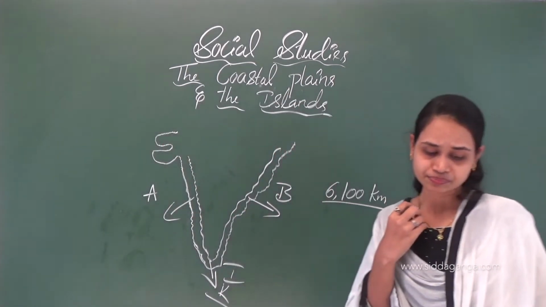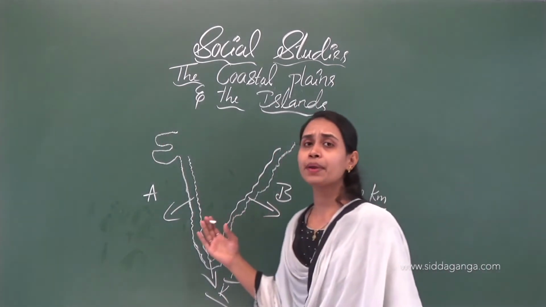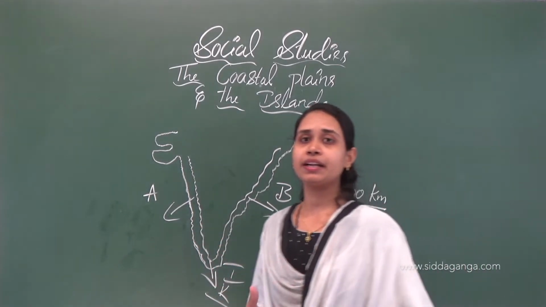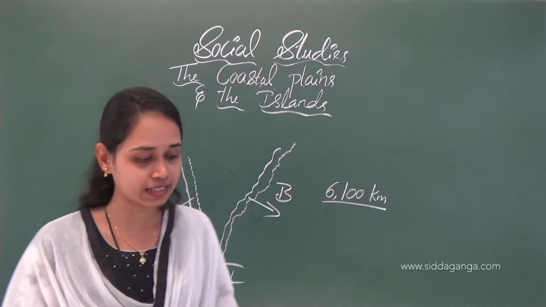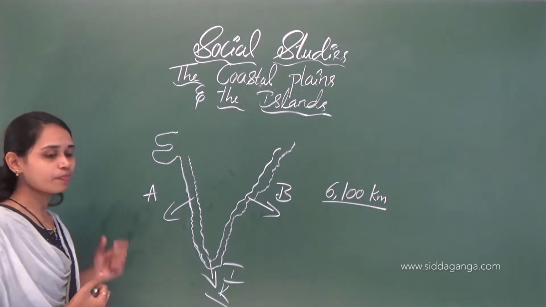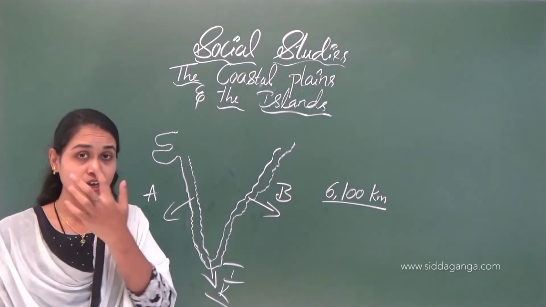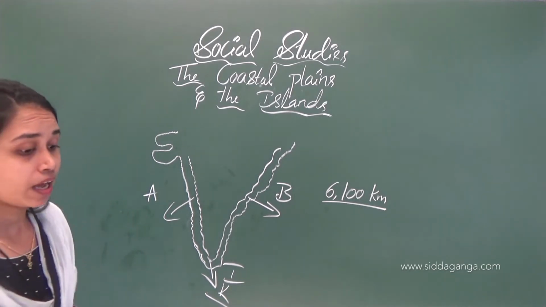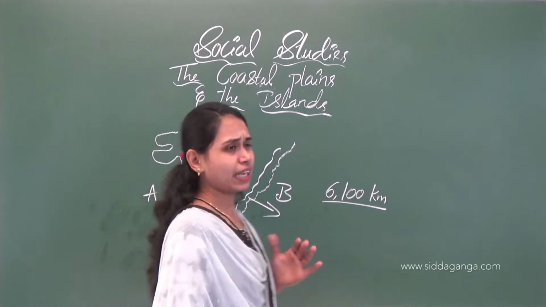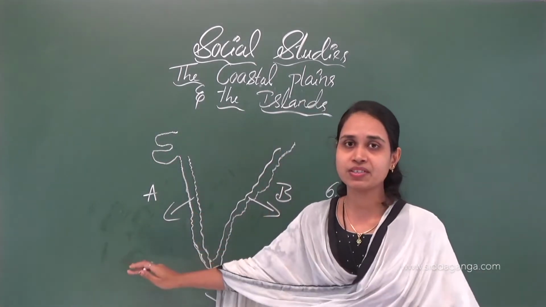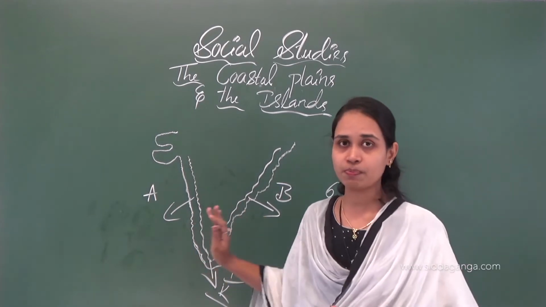Here we can see many important seaports. Do you have any idea about the seaports? Yes, like Mumbai, Marmagaon, Visakhapatnam, and Chennai, okay? Many important seaports we can see in the western and eastern coastal plains.